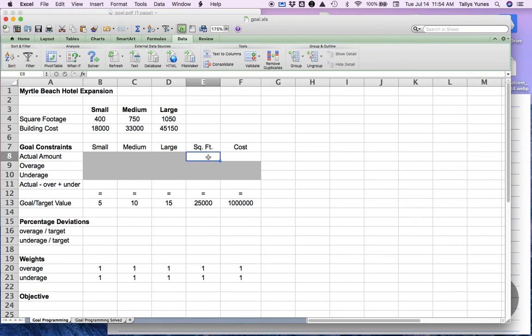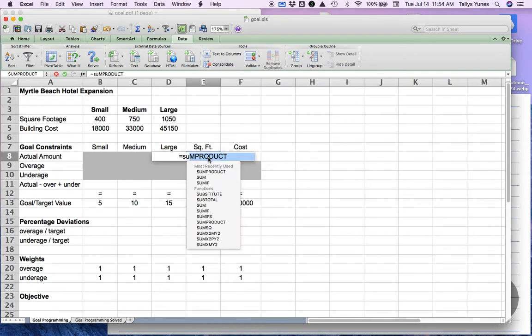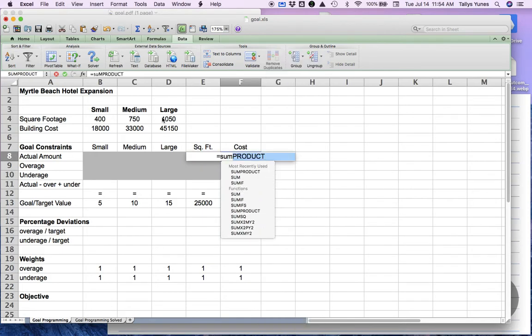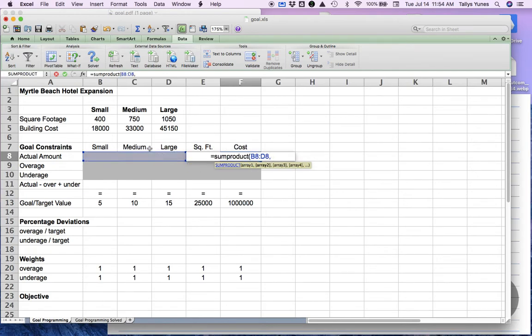Let's first calculate the actual square footage. It's just a sum product between the SML and their corresponding square footage, to get the expression we wrote down. And to get the costs, it's a similar expression, the SML times their corresponding costs.